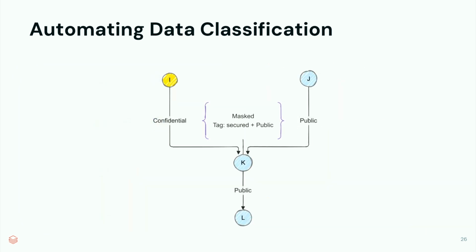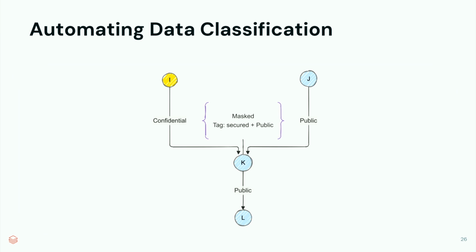So also how we can handle cases where we have the table secured. For example, the user sets a mask function in the table. So we can create another tag called, for example, security, and classify this table manually as public.